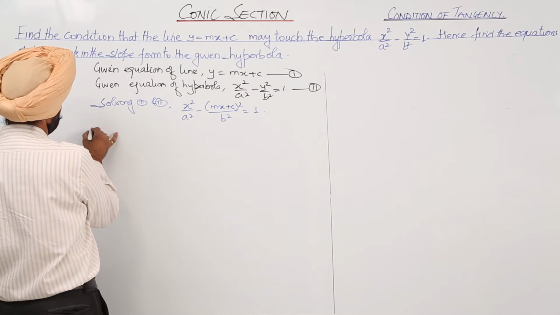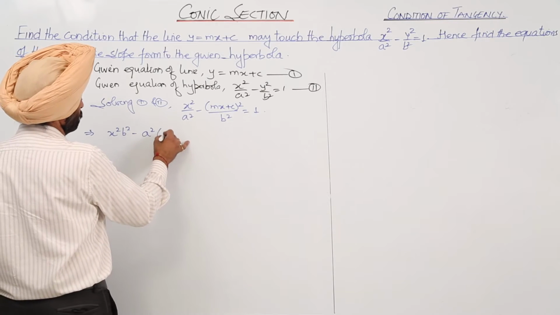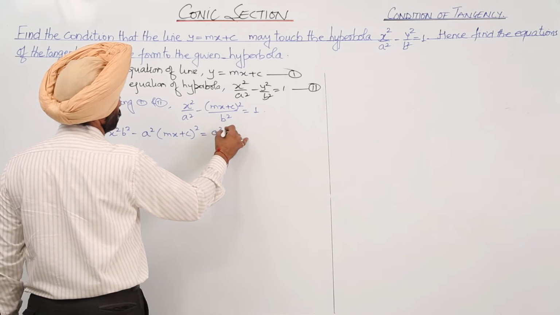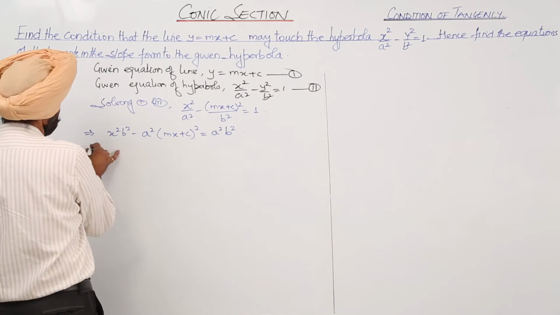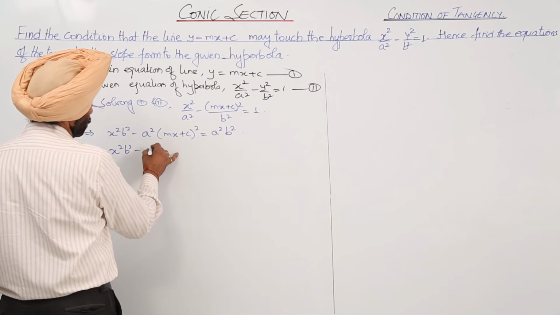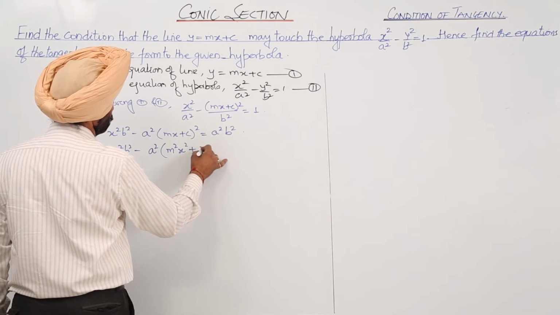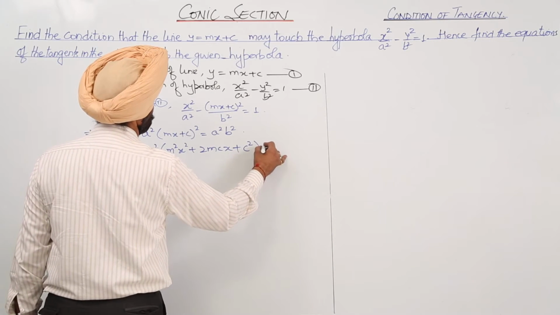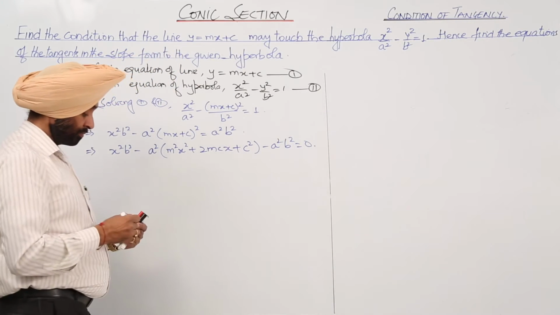We have x square b square minus a square (mx + c) whole square is equal to a square b square. Now this becomes x square b square minus a square m square x square minus 2mcx a square minus a square c square minus a square b square is equal to 0.